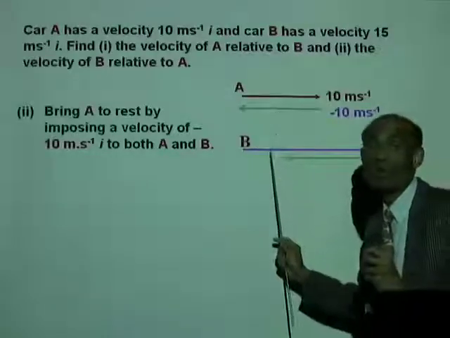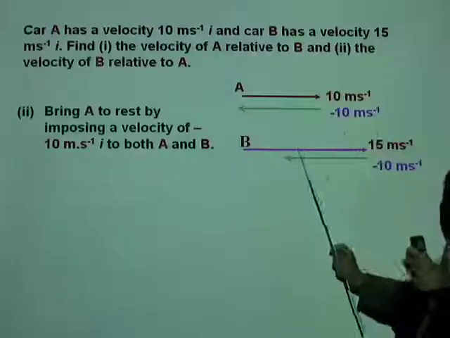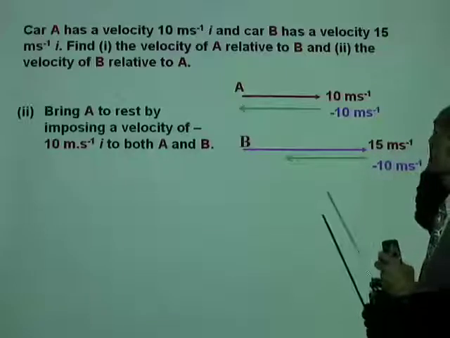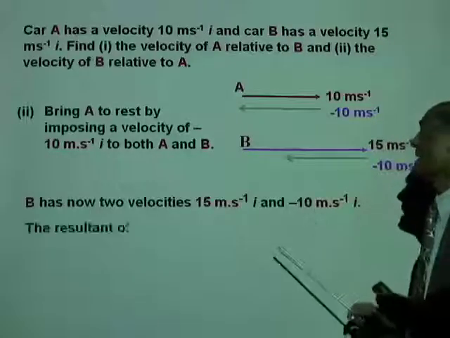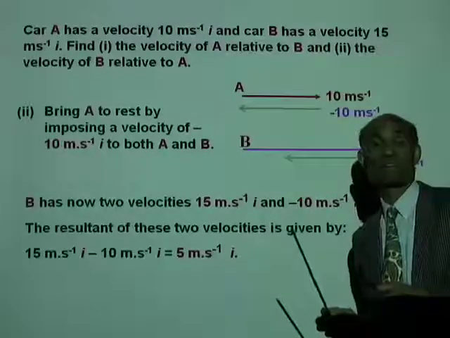And what will the velocity of B then look like? It will be the resultant of these two, which will be 15 meters per second minus 10 meters per second, and that will be 5 meters per second i.